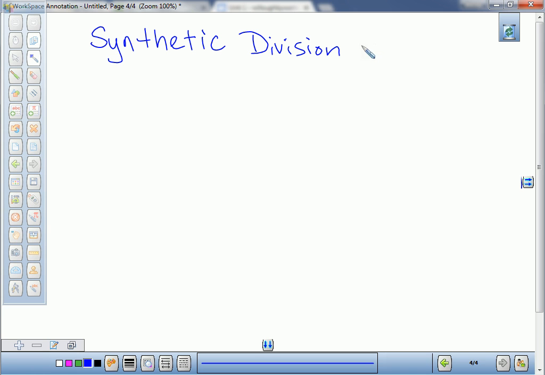We can use synthetic division with polynomials, and here's the rule: if the divisor is a linear binomial, we're going to talk about what this means, remind you what linear means, and we only use it when that linear binomial has a leading coefficient of 1.